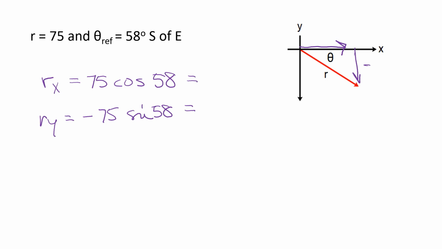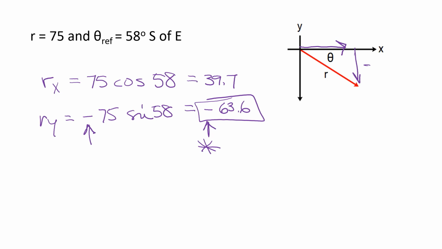And I'm going to get, for this one, 39.7. And here I'm going to get a negative 63.6. Whether you write it in right here or not is unimportant. What is important is that you recognize it's negative at the end before you shut things down.